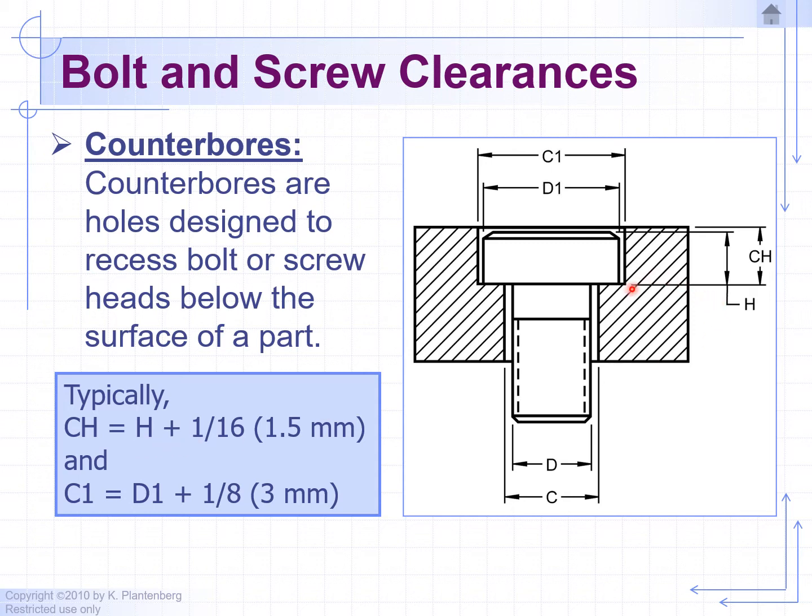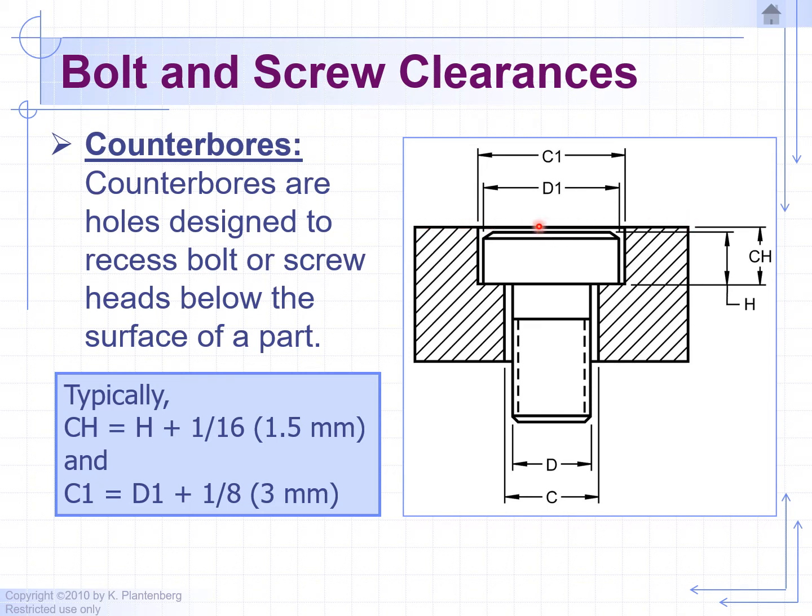Just to keep it simple, if the height of the head is 1 inch, then you're going to make the hole 1 and 1/16. So whatever the height of the head plus 1/16, and that is 1.0625.